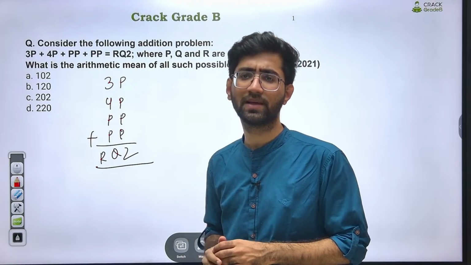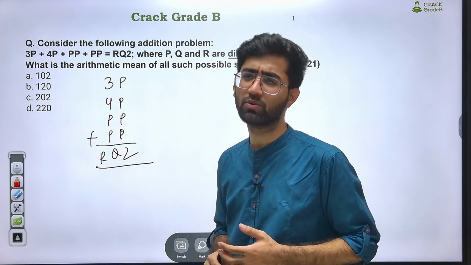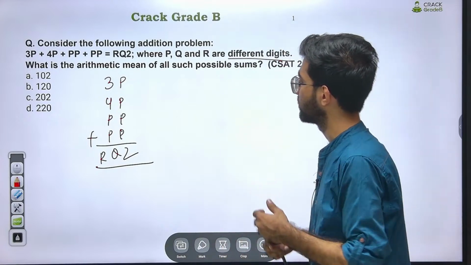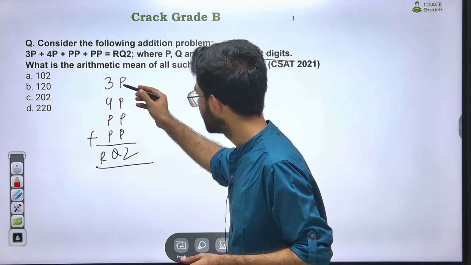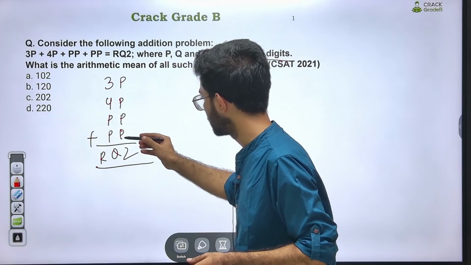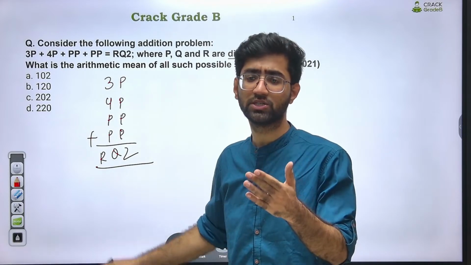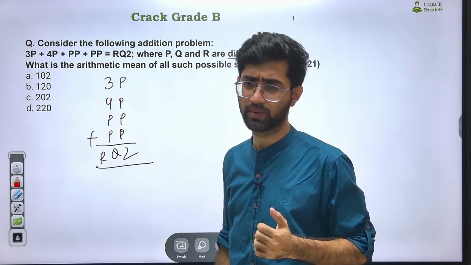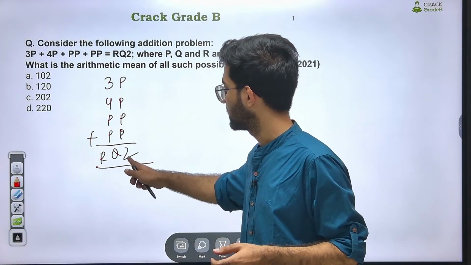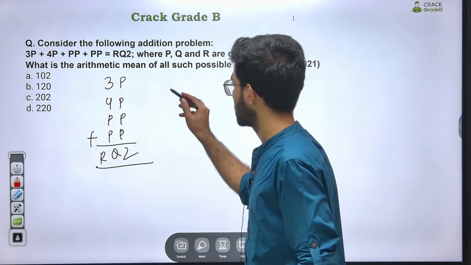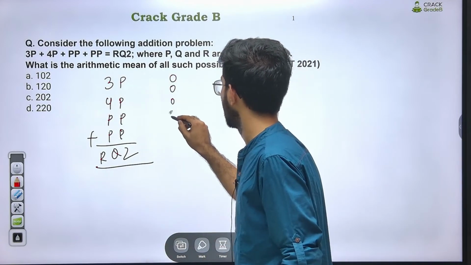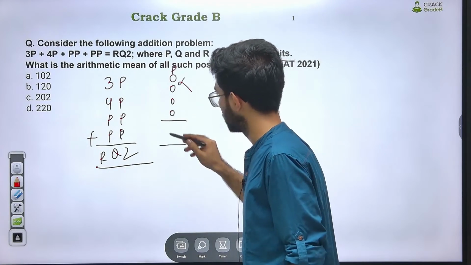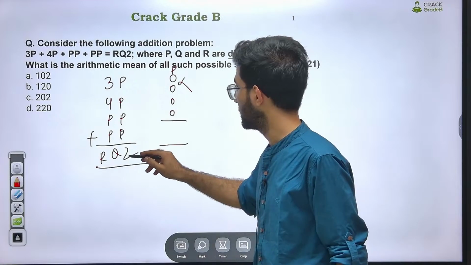So the possible values of P are obviously 0, 1, 2, 3, 4, 5, 6, 7, 8, 9. If you take the value of P as 0, 0 plus 0 plus 0 plus 0 will be 0. At unit place 0 should be there, but in this question, at unit place 2 is there. So obviously you will have to eliminate P being 0, because you are not getting 2 at unit place.